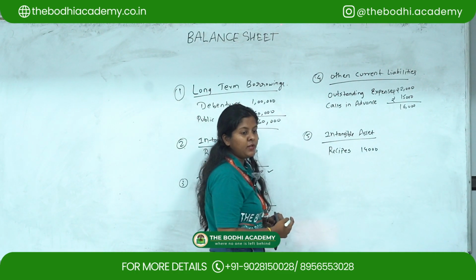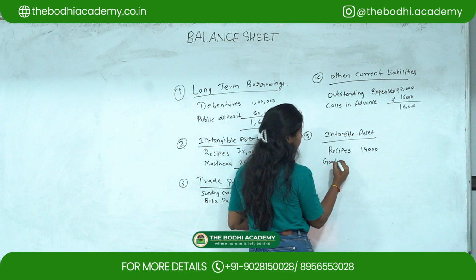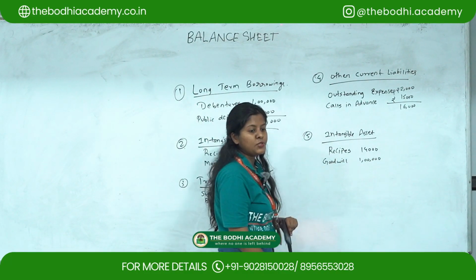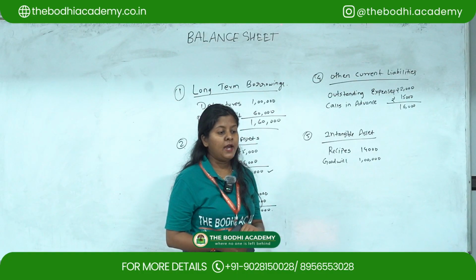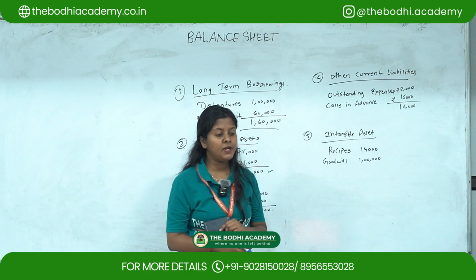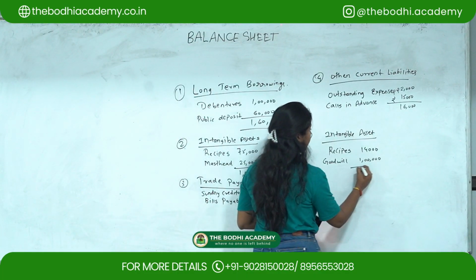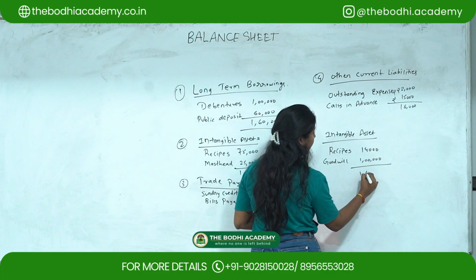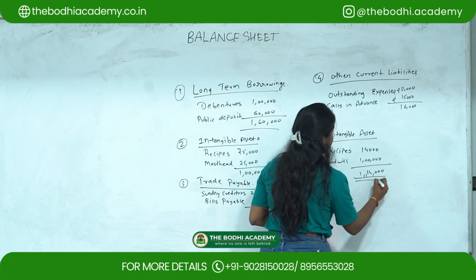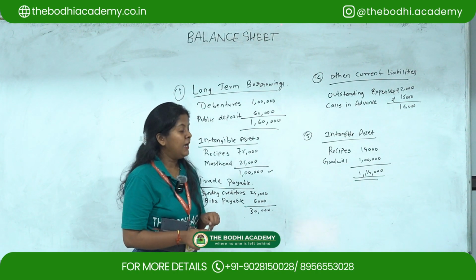Then goodwill they have given for rupees 1 lakh. So goodwill is a part of intangible asset. Then machinery is a part of fixed asset, and tools and equipment is also a part of fixed asset, given as 4,000. So only these two things are there. So the total which will come is 1,14,000. Okay. This is how you have to calculate the amount under the head intangible asset.